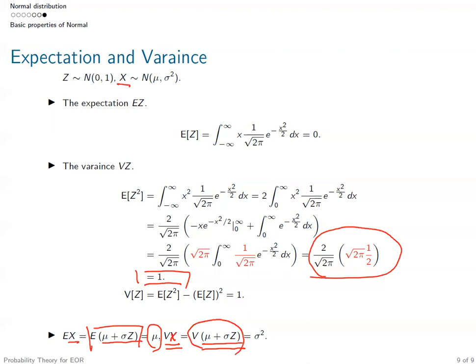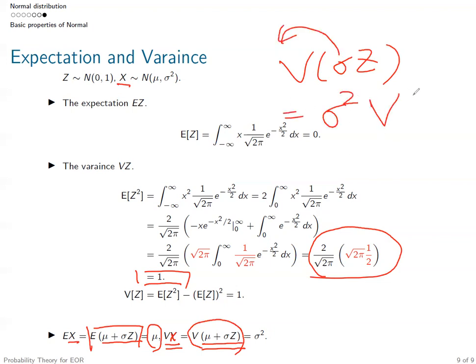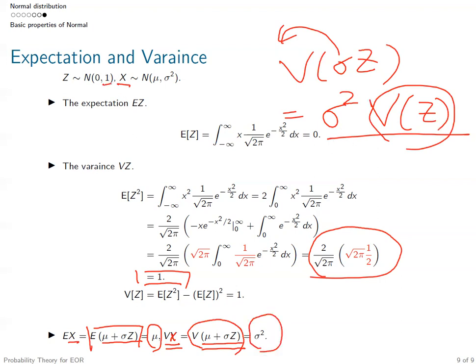And what is the variance of this random variable? We know we can shift by a constant and the variance remains the same. For the variance of a constant times Z, if we move the constant outside, don't forget the power 2: sigma to the power 2 times the variance of Z. The variance of Z here is equal to 1. So it is indeed equal to sigma squared.